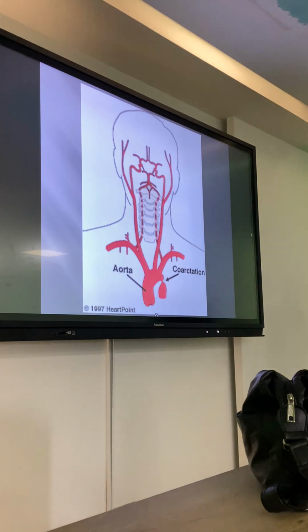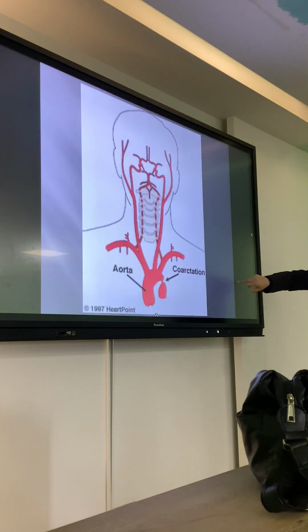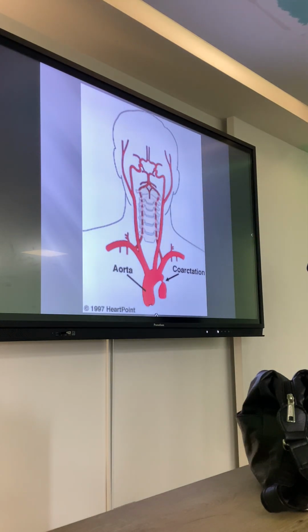This is acyanotic. Okay? Doctor, does it lead to problems in the eye? No. Especially, you can see these branches go to the brain. Something very, very important is high blood pressure in the brain, and in a rare situation maybe in the eyes, but not especially in the eyes.